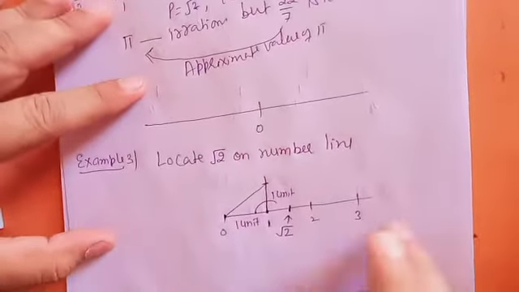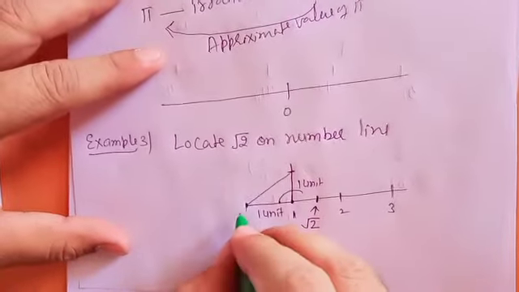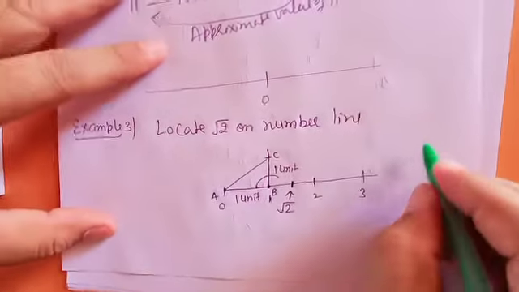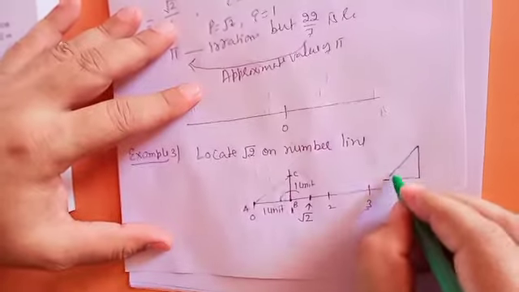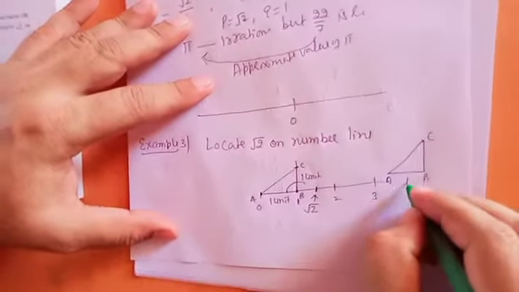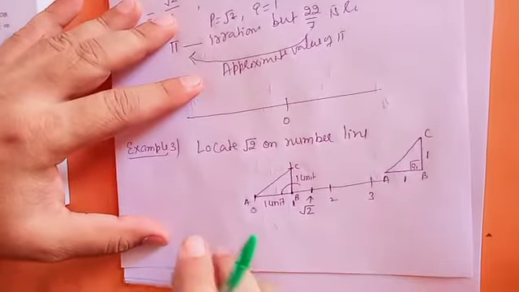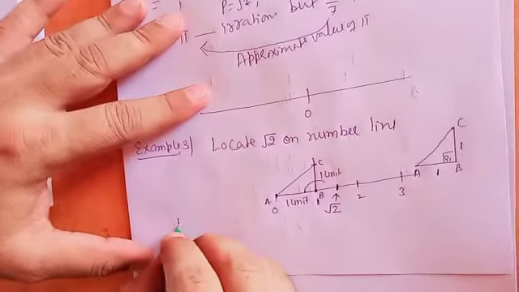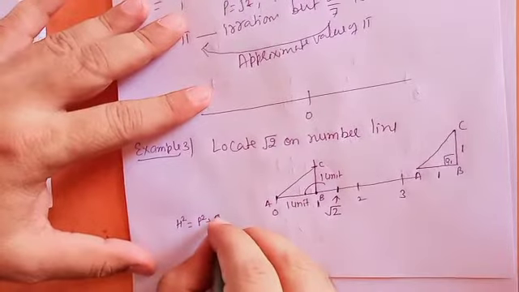Why? I can tell you the reason like this. You can take this as A, this as B, this as C. So you can make a triangle ABC. This is also 1, this is also 1, and this angle is 90 degrees. With the help of the Pythagoras theorem, we know hypotenuse square is equal to perpendicular square plus base square.